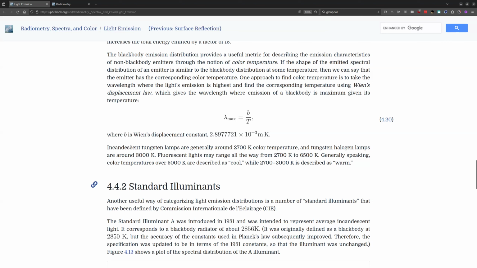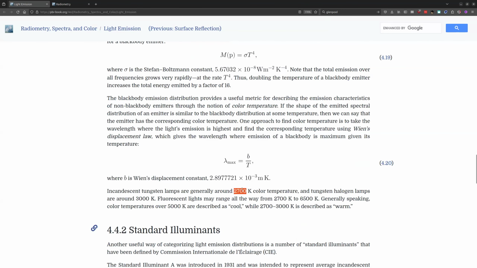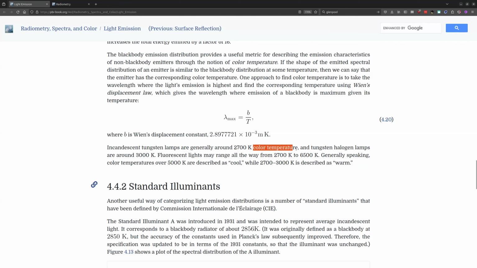We say incandescent lamps are like 2700 K. I thought it was that the surface of the incandescent filament was 2700 Kelvin, which may be true, but when discussing color temperature, it's more like we associate that orangish hue with 2700 K, and less orangish, more yellowish at 3000, and then you go up to 4000, 5000, it gets progressively more white, and by the time you get to 6000 plus Kelvin, it gets bluer because more of the radiation is on the bluer side of the visible spectrum, and a lot of it is actually probably ultraviolet radiation at higher Kelvin temperatures.